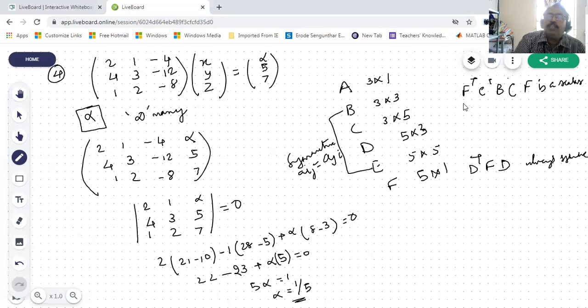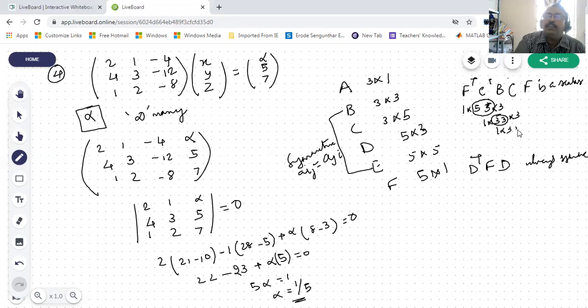What is F transpose? 1 cross 5. What is C transpose? 5 cross 3. So this is 1 cross 3. What is B? 3 cross 3. So this is 1 cross 3. What is C?